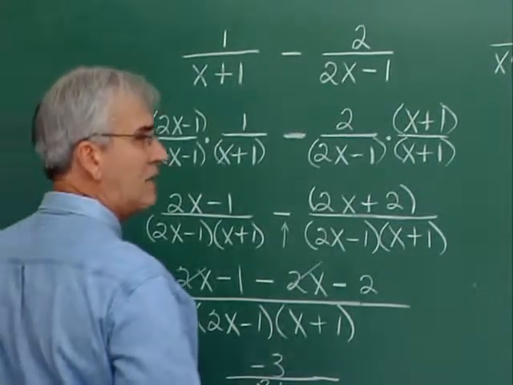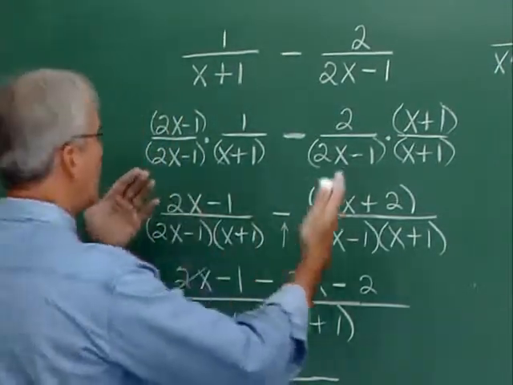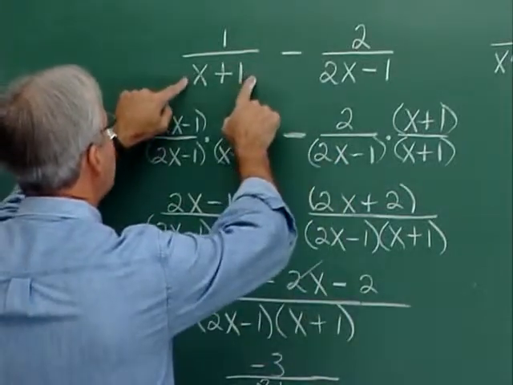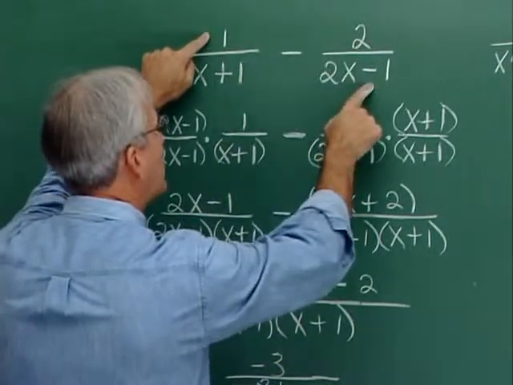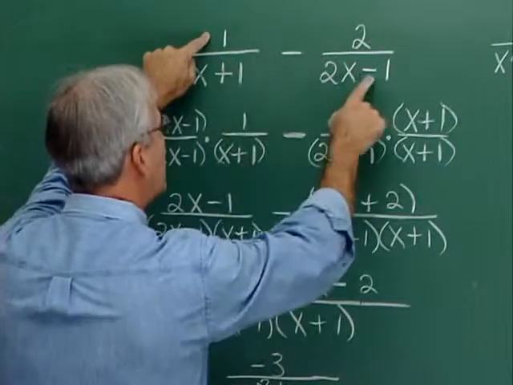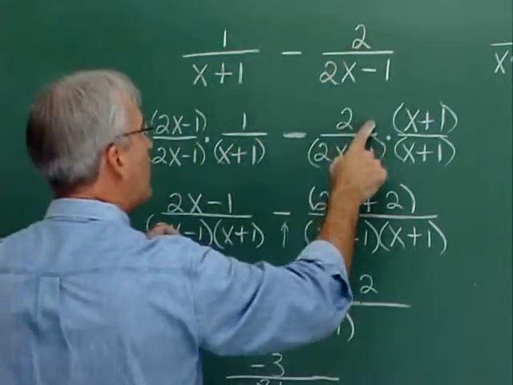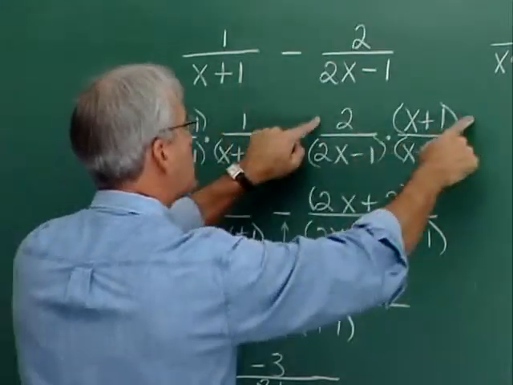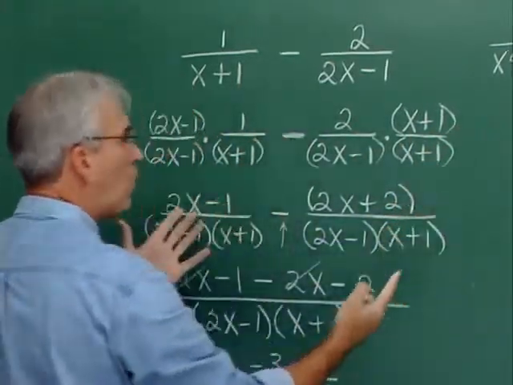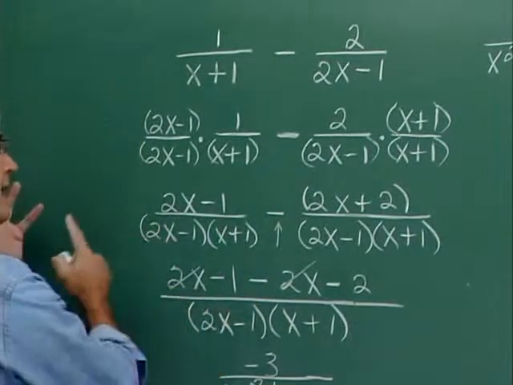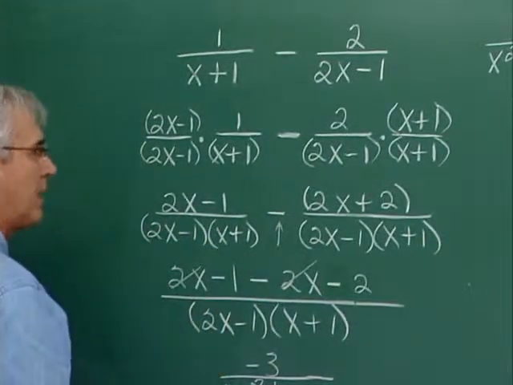It's kind of like a cross multiplication idea. This numerator is going to be multiplied times that denominator. See, 1 times 2x minus 1 is what we have right here. And what we have for this new numerator is 2 times the x plus 1. So the shortcut way would be just to do that rather than refer to a common denominator written out to the side.